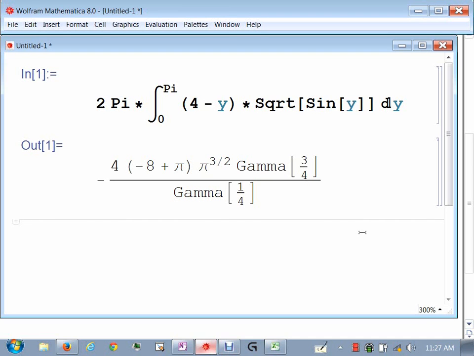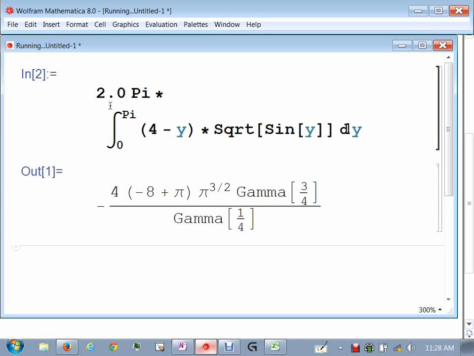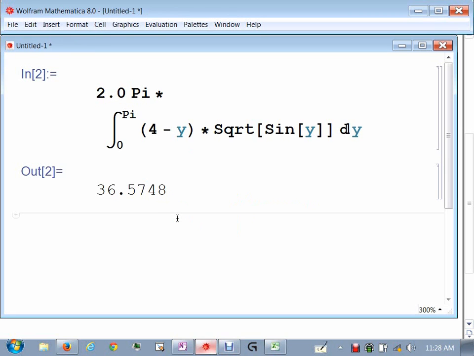Mathematica is giving me the exact answer, like if your answer was pi, they're leaving it as pi. So to be exact, they have to use these gamma error functions. If I put 2.0 in here instead and ask for it, so I just put 1 decimal anywhere in this problem, it's going to spit out the decimal. Is that what the book had? What is the decimal? Oh, it is this. Okay.